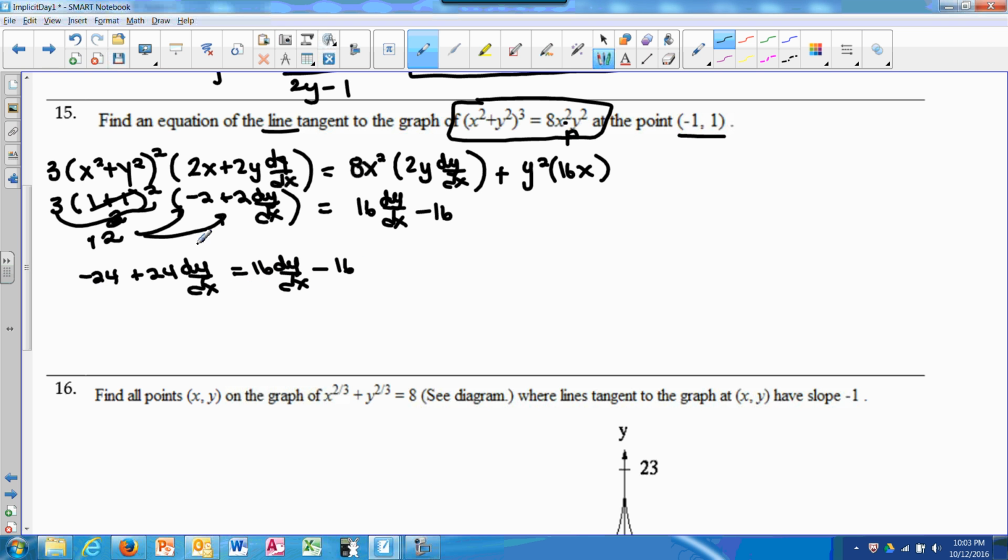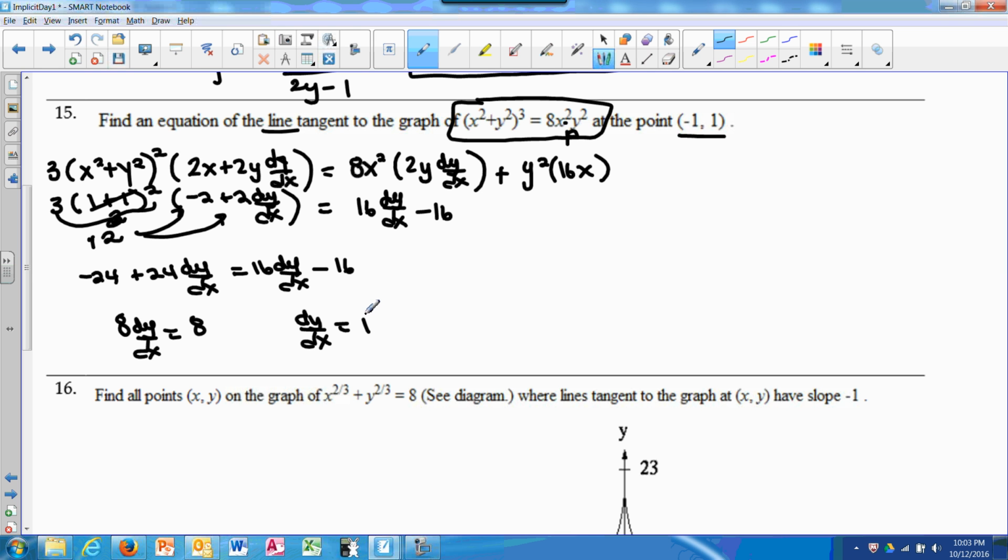I'm going to add the 24 over. 24 minus 16 is 8. 24 minus 16 goes the other way as well, is also 8. So we have 8 dy/dx equals 8. So our derivative is just 1.